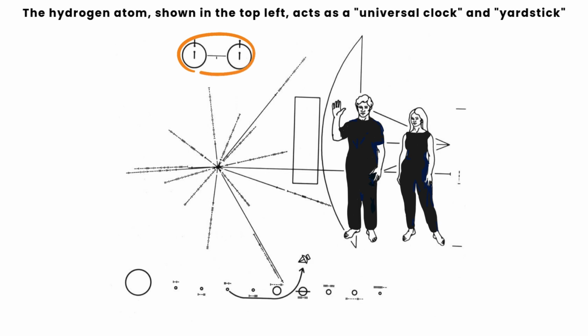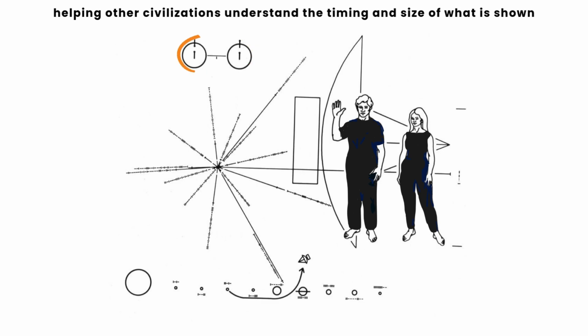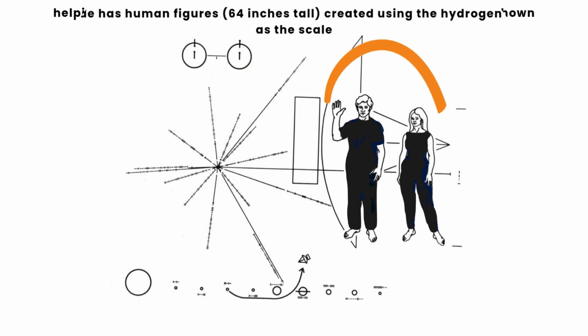The hydrogen atom, shown in the top left, acts as a universal clock and yardstick, helping other civilizations understand the timing and size of what is shown.